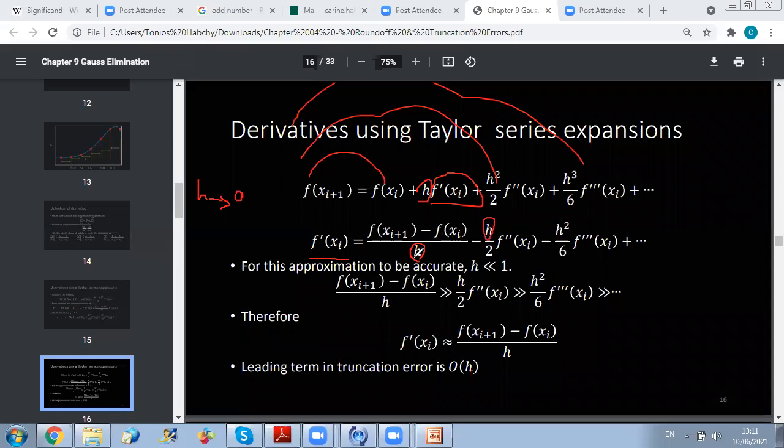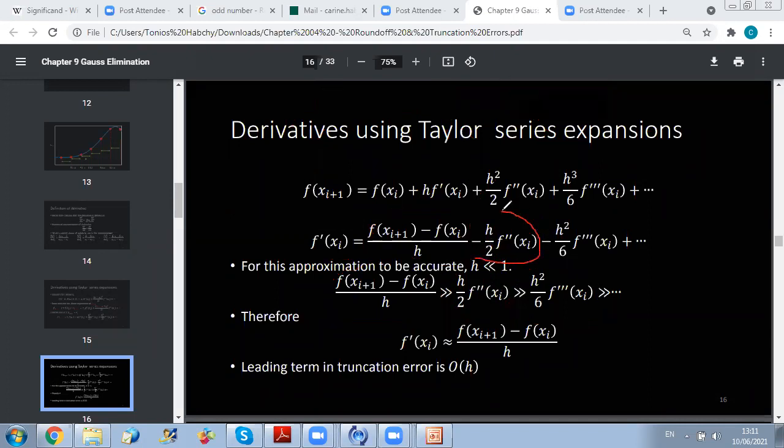So here I'm dividing by h, which will give me a high number here, while for the other terms I am multiplying by h, by h squared, by h cubed, etc. Then I can say, because h is small, this term will be dominant over all other terms, and it will be much larger than h over 2 f second(xi), which will be much larger than h squared over 6 f third(xi), etc. So what I can say then is that my error will be of the order of this term, because the largest term that I will neglect is this one. So my error will be of the order of h.